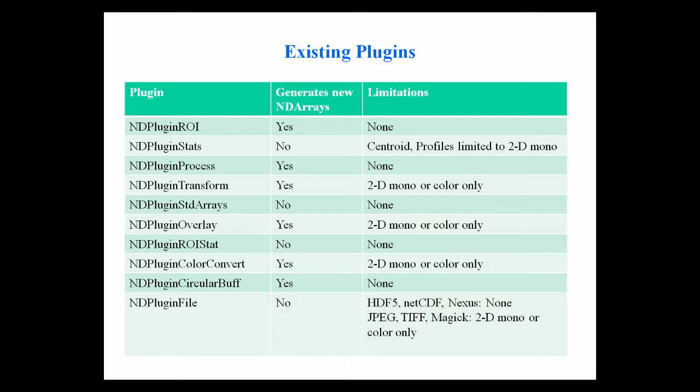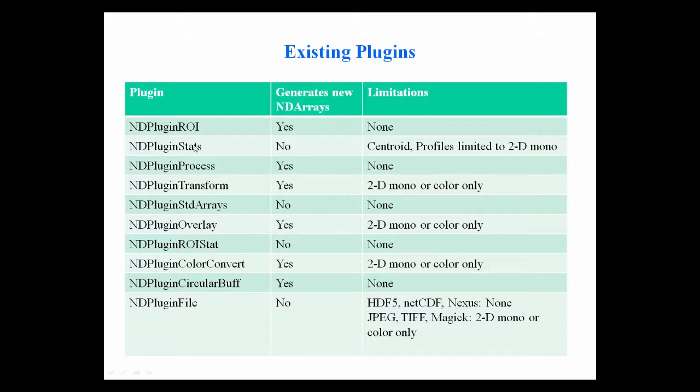It really doesn't have any limitations on the input arrays. It treats color a little bit specially to make it simpler when you're switching from one color model to another, but it can handle any type of input array.